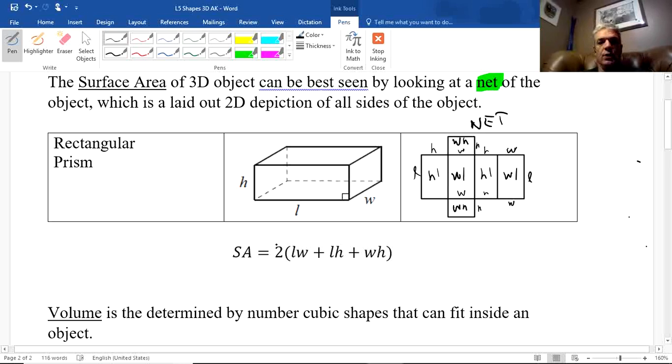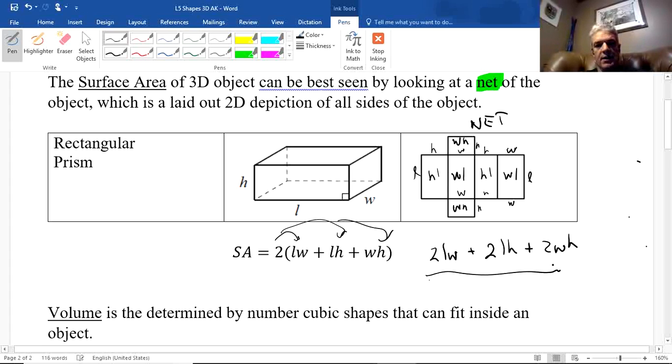We could also write this formula as 2LW plus 2LH plus 2WH if you would like. That's just simply using what we referred to as our distributive property and applying that here. If you recall that from our algebra unit where we used the distributive property, that would give us this formula version of it as well.